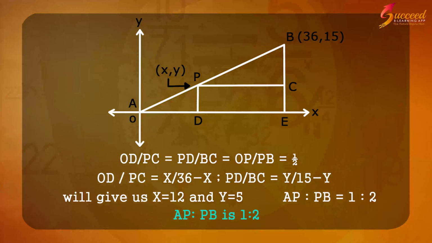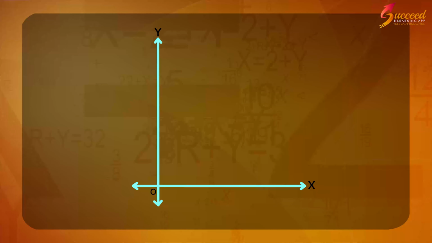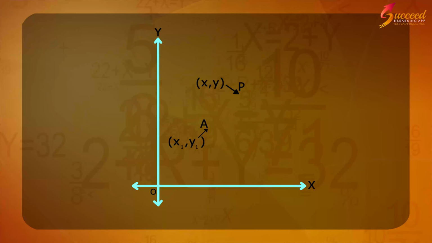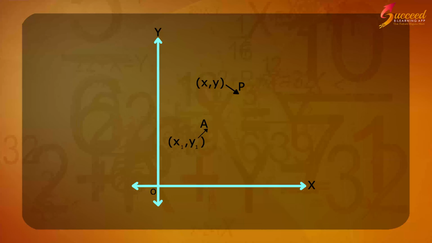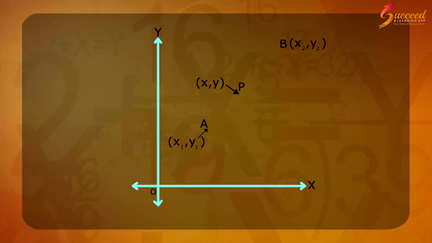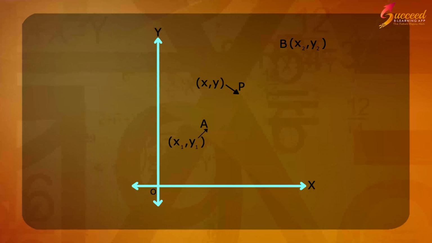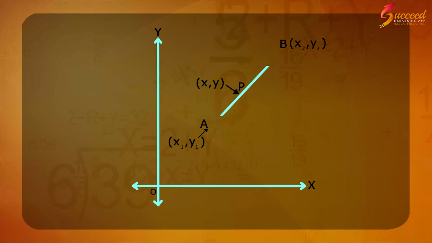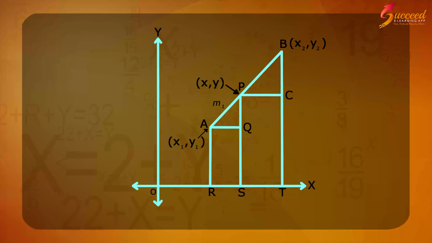Now, let us generalize this by way of a formula. Consider 3 points A(x1, y1), P(x, y) and B(x2, y2). Here point P divides line segment AB in the ratio of m1 is to m2.